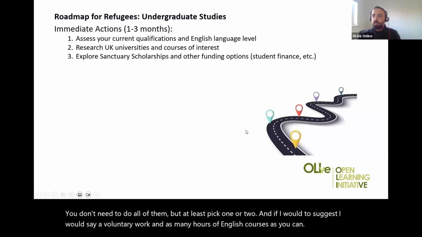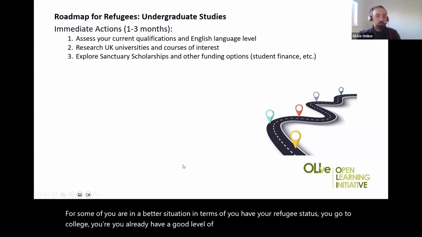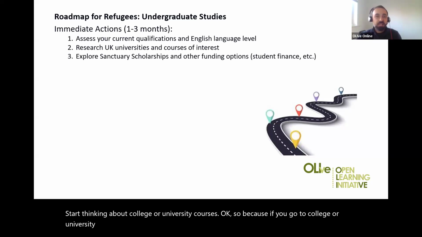For some of you, you are in a better situation in terms of you have your refugee status, you go to college, you already have a good level of English. So for you, start thinking about college or university courses. Okay, because if you go to college or university, everything would be much easier after that.